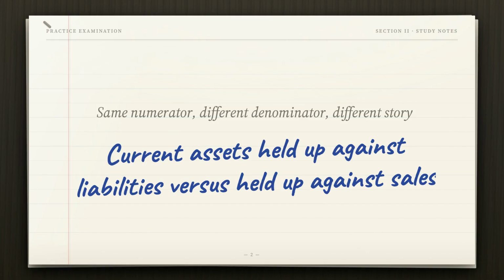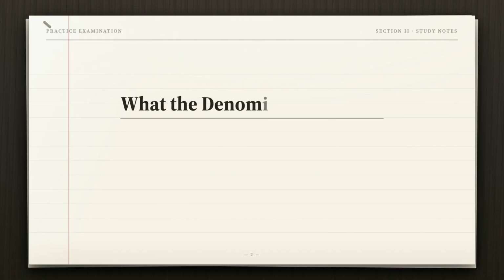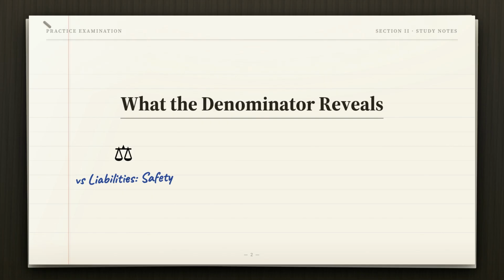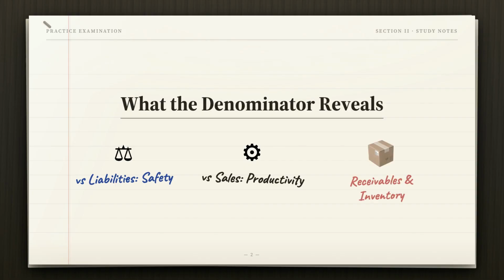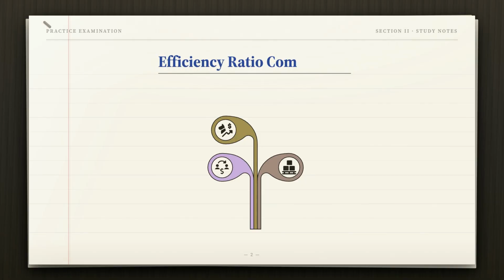Efficiency compares those same current assets or pieces of them to sales or net income, asking whether they're productive. Two companies can have identical liquidity yet wildly different efficiency. One might support the same sales using far less receivables and inventory. Only comparing assets to sales, not to liabilities, exposes that difference.